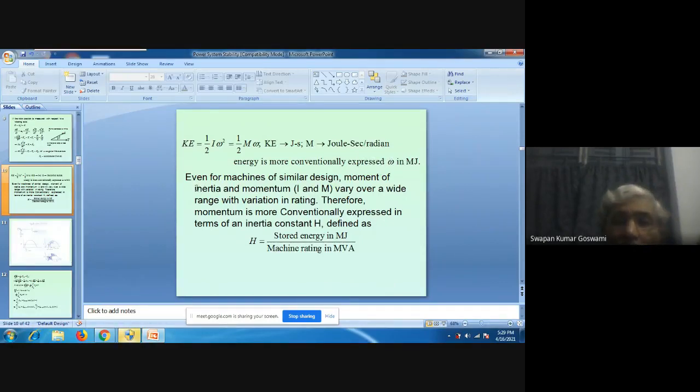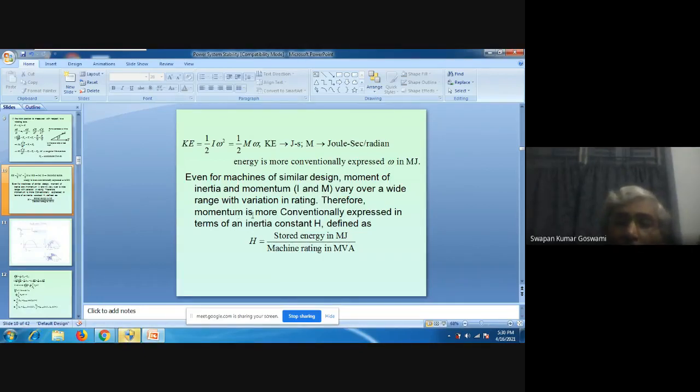Generally we represent it by M, but in frequency control it is more popular to represent generator inertia in terms of H, the inertia constant, not in terms of angular momentum. Even for machines of similar design, moment of inertia and momentum, that means I and omega, vary over a wide range with variation in rating. So if the rating of the machine changes, the values of I and M also change.